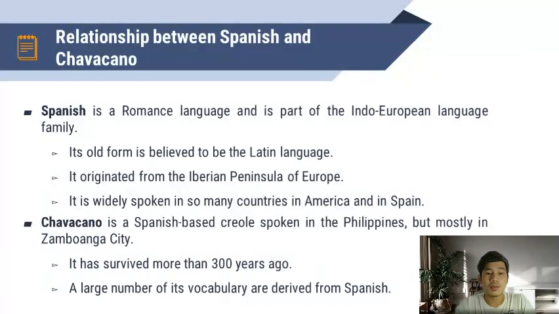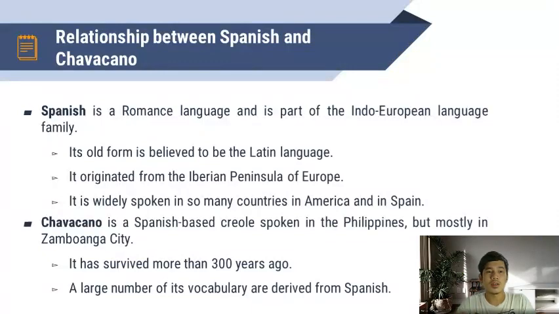A large number of the Chavacano vocabulary are derived from the Spanish language, of course. Although there are also several vocabulary items that originated from the local languages, or what we call adstrates.